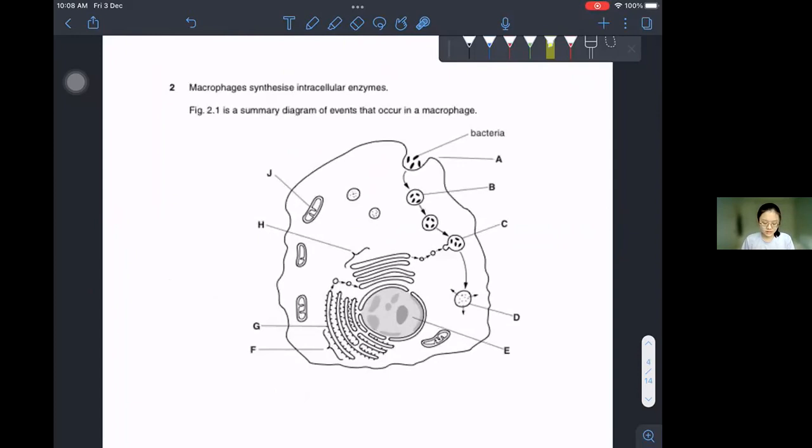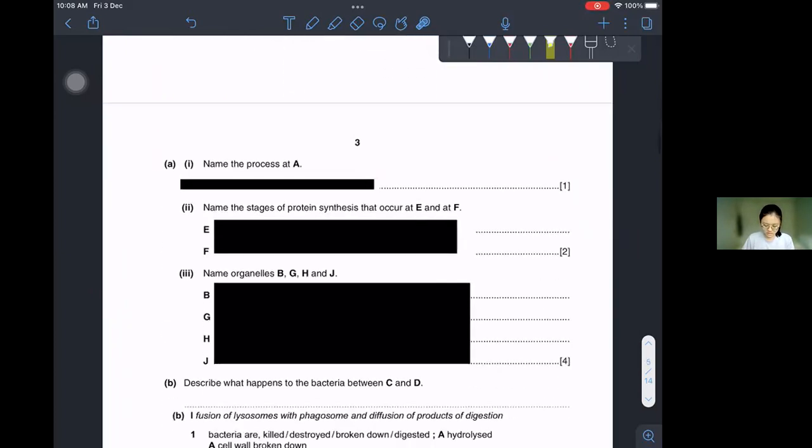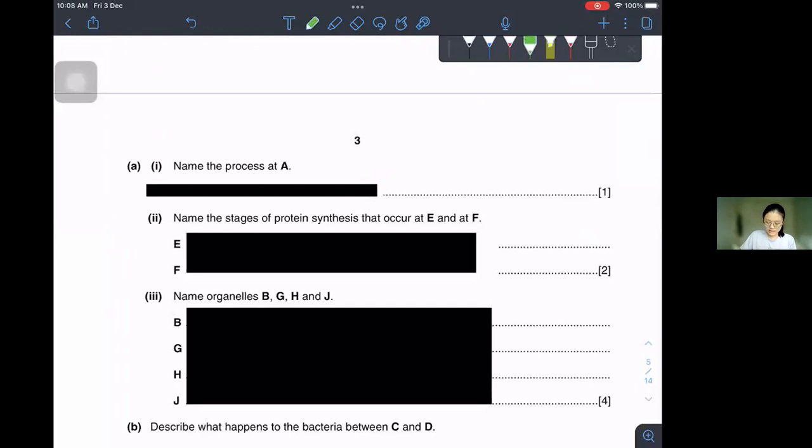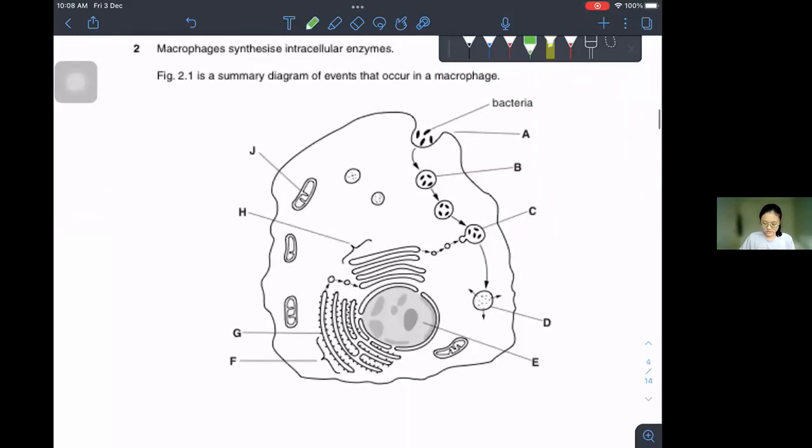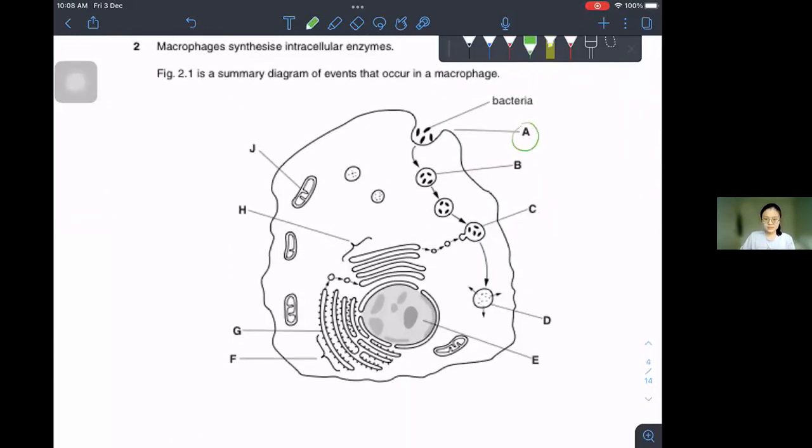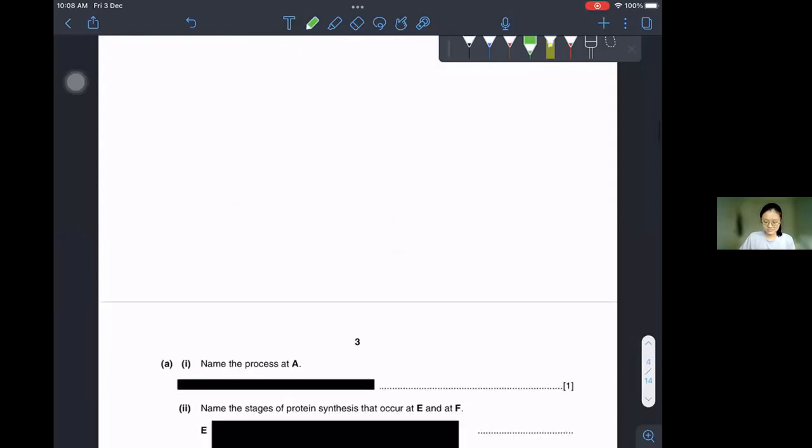First question: macrophages synthesize intracellular enzymes. Figure 2.1 is a summary diagram of events that occur in the macrophage. Name the process at A. I'll open this to the floor. Anyone?